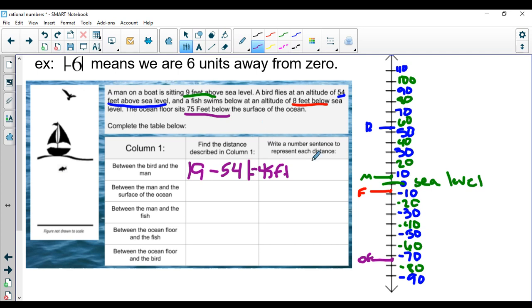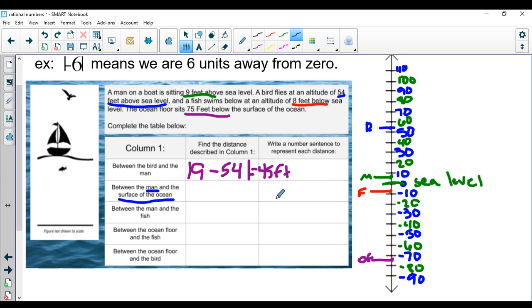And write a number sentence to represent each distance. Well, I already did that here in this column. So my number sentence would be the absolute value of 9 minus 54 equals 45 feet. Let's look at another one. Between the man and the surface of the ocean. The surface of the ocean would be sea level.